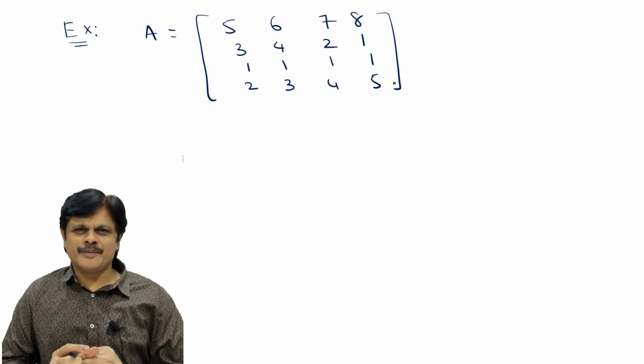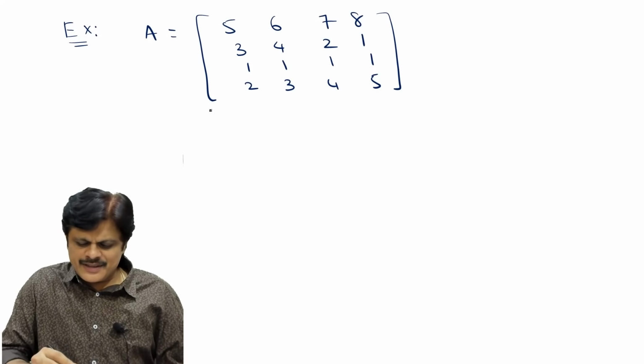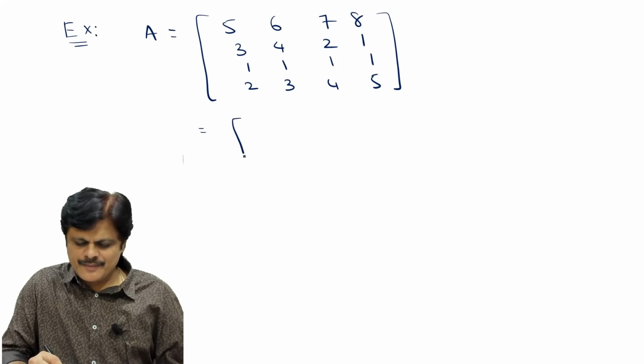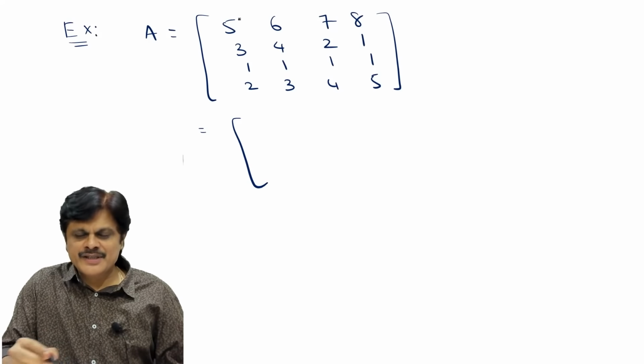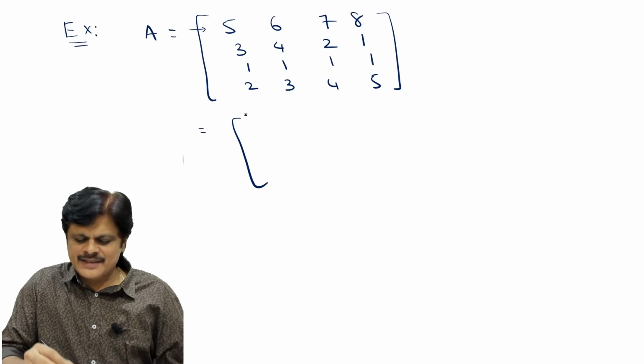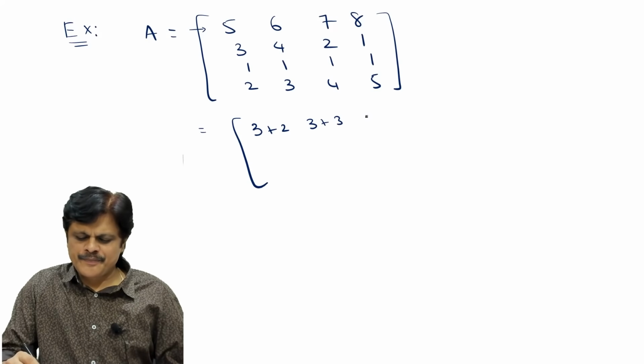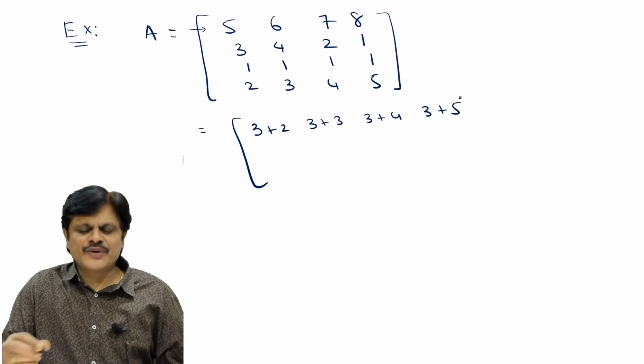We need to find the determinant. See, what I do is, I just see the first row elements like this: 3 plus 2, 3 plus 3, and 3 plus 4 and 3 plus 5.